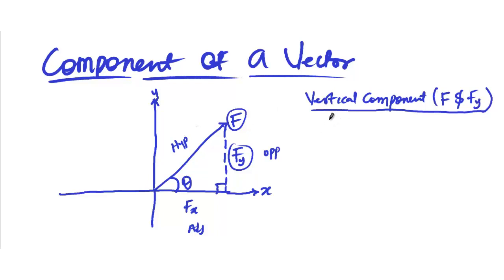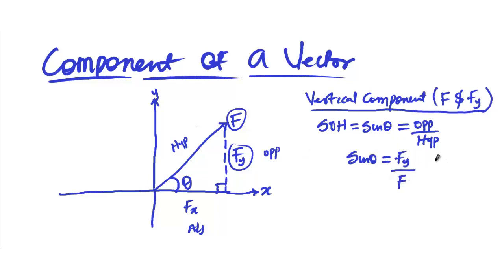So opposite over hypotenuse is what? You can check one of the videos on SOHCAHTOA that I did. So in this case it will be sine theta, which is opposite over hypotenuse. So we can say that sine theta will now be, what is the opposite? That is f subscript y over the hypotenuse, that is f.